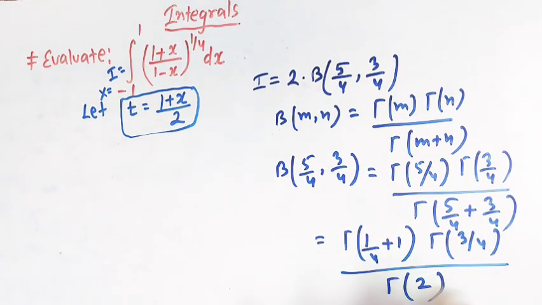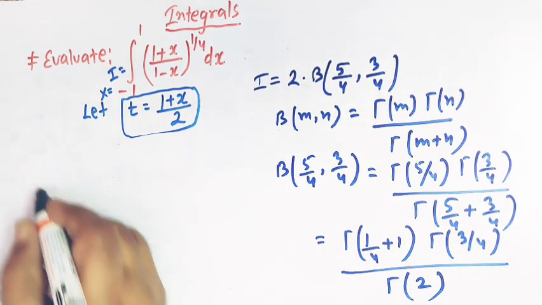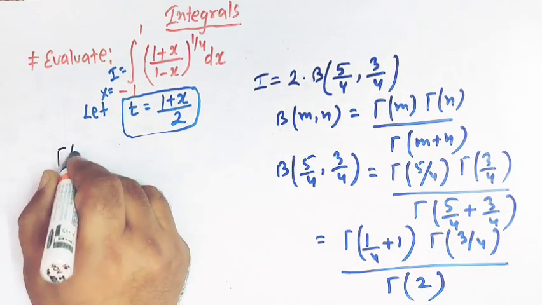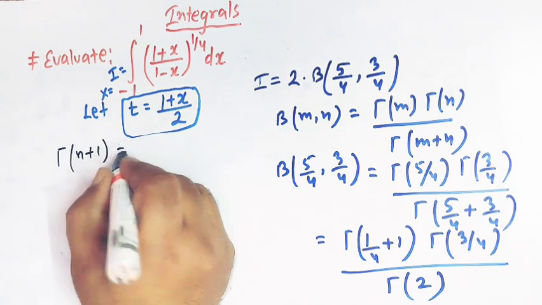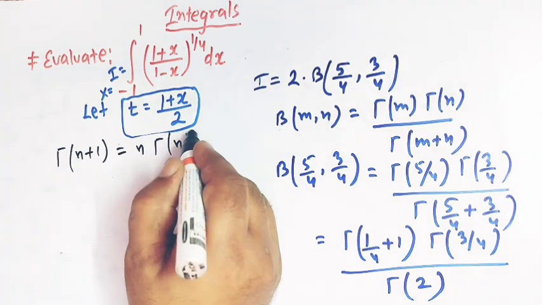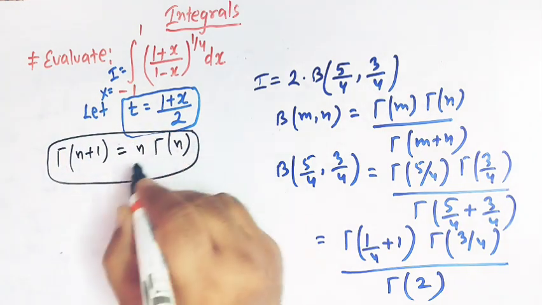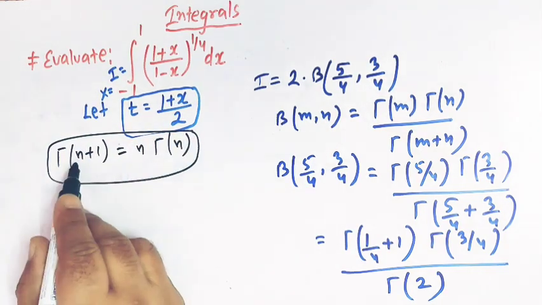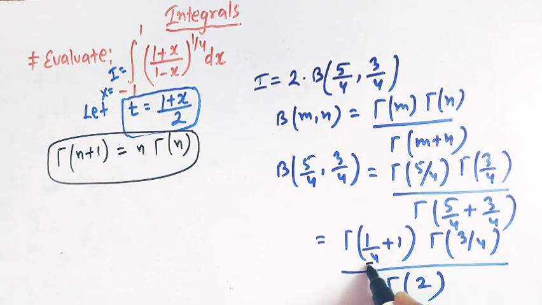So now here we'll make use of some other important relations, right? See, gamma of n plus 1 is equal to n times gamma of n. This is an important relation where n is greater than 0. So here we have gamma of 1 by 4 plus 1.